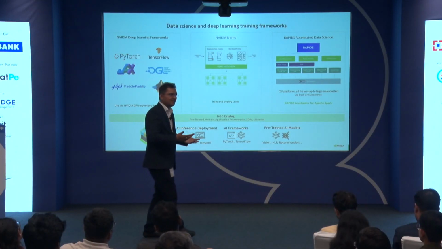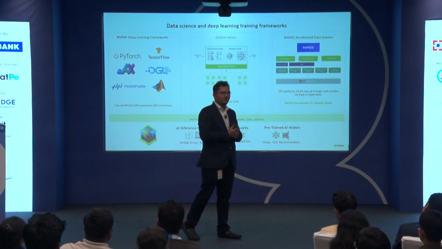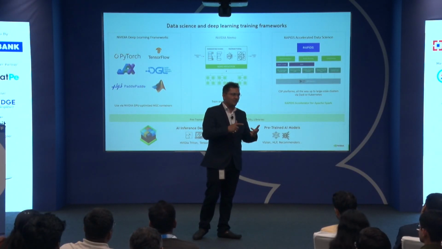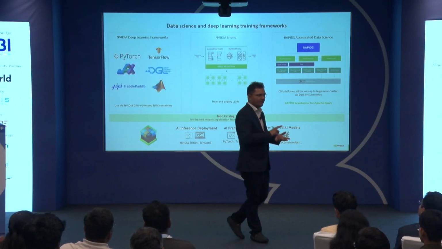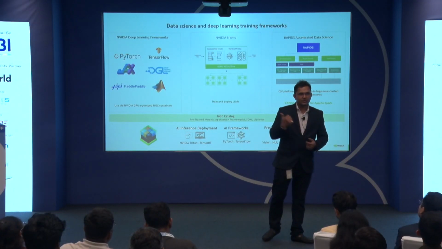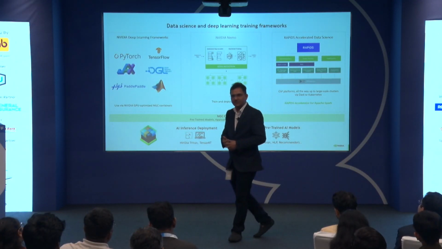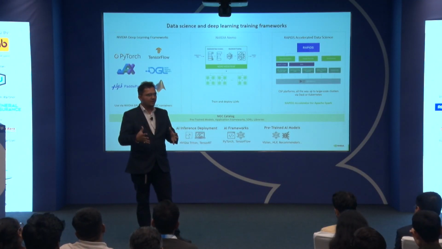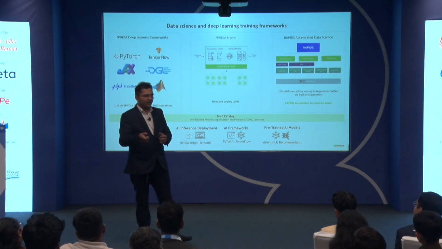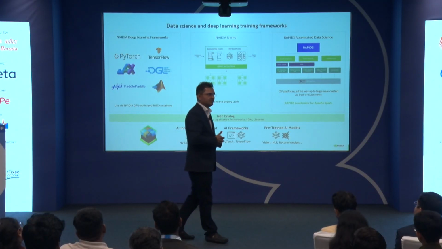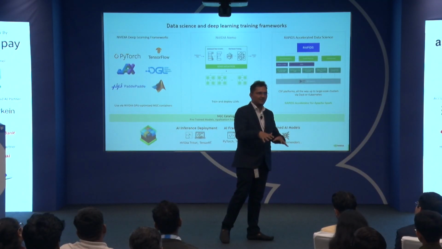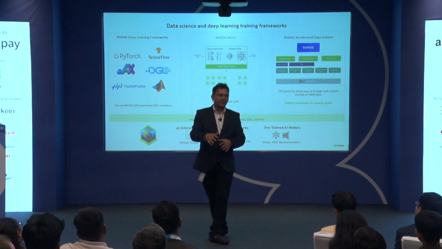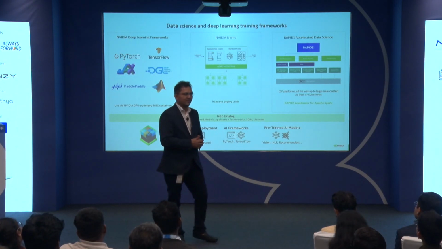Now that's not magic, because some of my colleagues work out of the Google office and the Meta office, and they make sure that when the new version of TensorFlow or PyTorch comes, it comes with all the power that gives you just a one-line code change and everything runs on a GPU. So we write all these kernels in the backend and ship them with the versions of TensorFlow and PyTorch that you see.